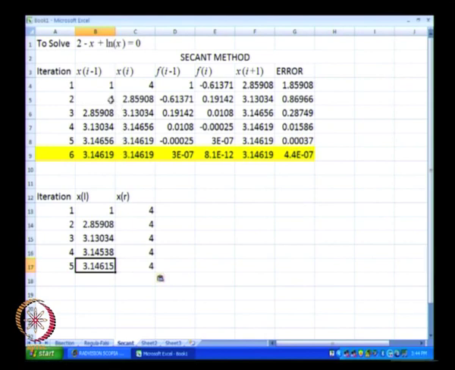But if you see what is happening in the secant method, the first solution was dropped, the second solution was moved back, and the new solution came over here. In the third iteration, the second solution was dropped, the third moved here, and the new solution came over here. In the fourth iteration, the third solution was dropped, the previous solution was moved here, and the new solution came over here, and so on and so forth.